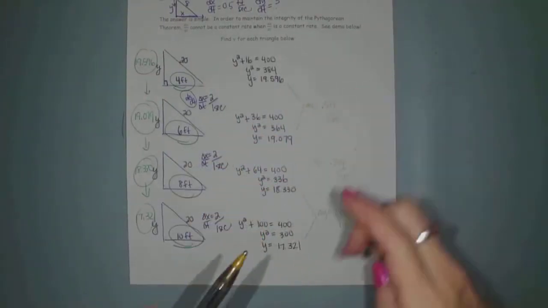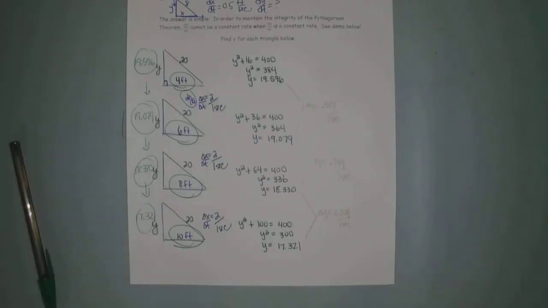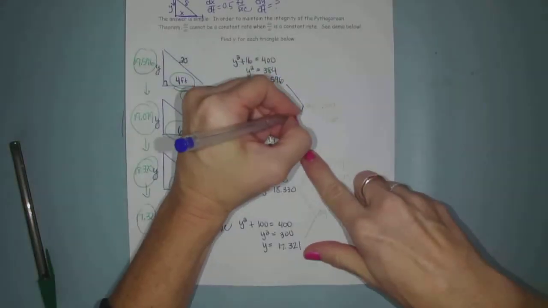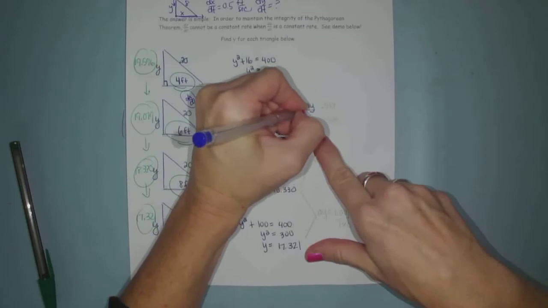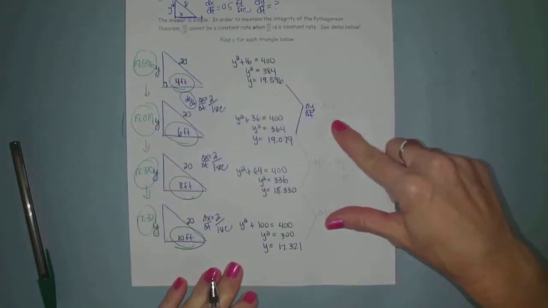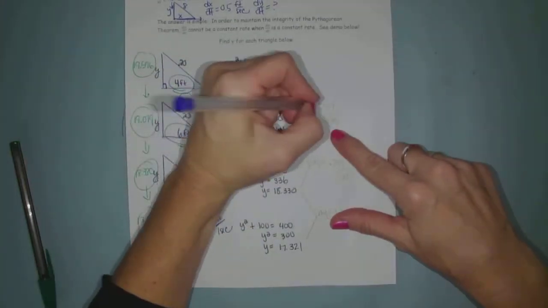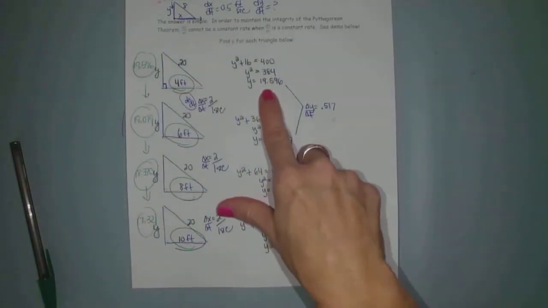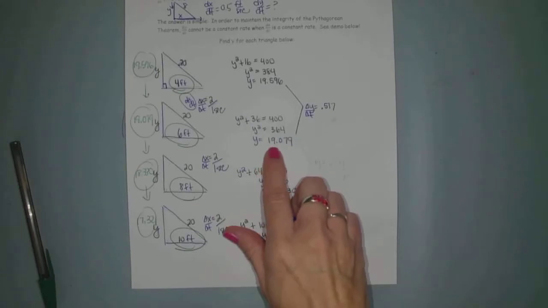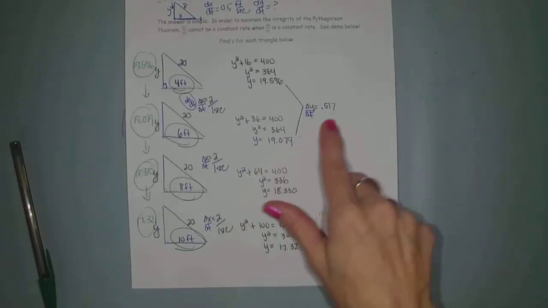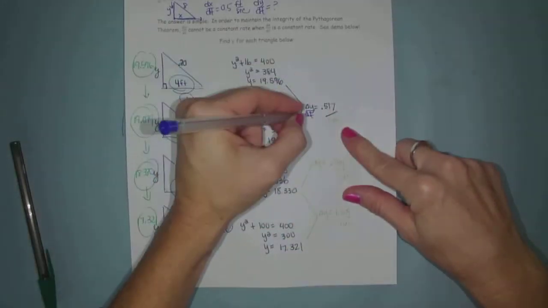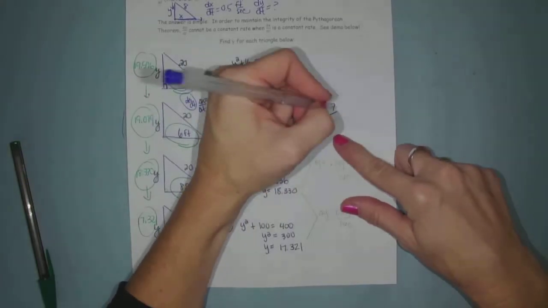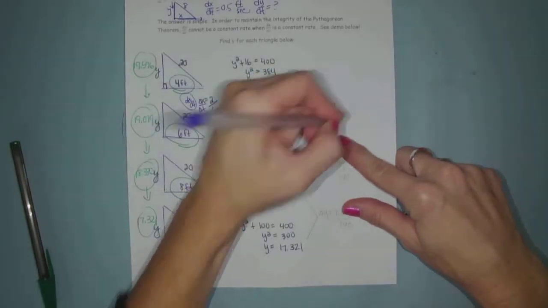Well, that's what I did over here. So the first change in y with respect to time is 0.517. So if I take 19.596 minus 19.079, I get a change in y over time of 0.517 feet per second.